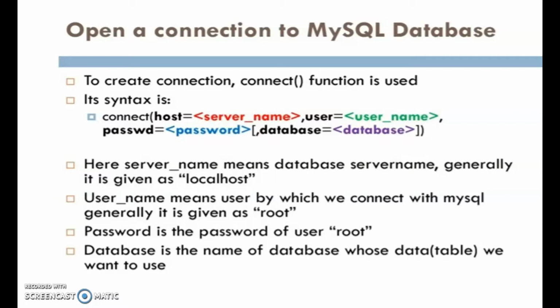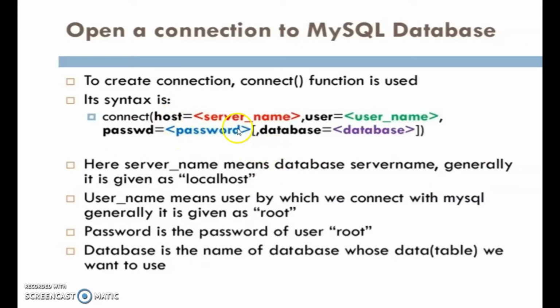The next step is to open a connection to the MySQL database. To work with it, first you have to open a connection to the MySQL database. You can use the connect function to open a connection. The syntax is connect(host=server name, user=username, password=password, database=database).